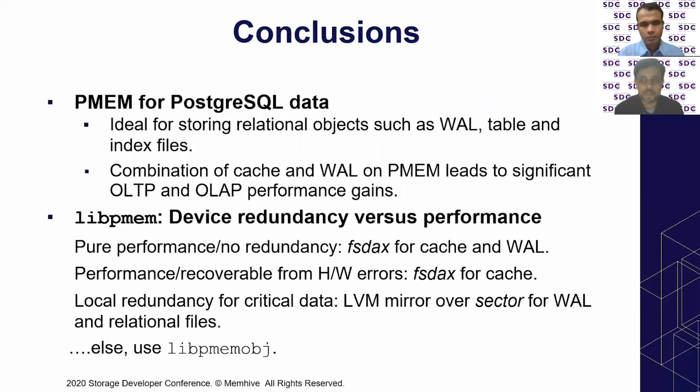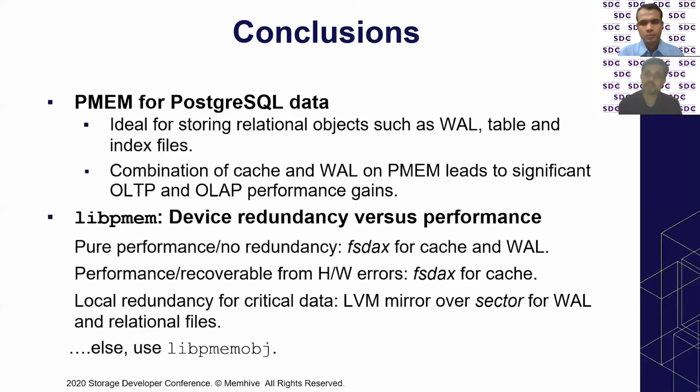Next. Okay, so for the data part of it, persistent memory is very ideal for storing things like WAL, the actual relational database, as well as indexes. In case we would want redundancy, then we would go for the persistent memory mode called sector mode.